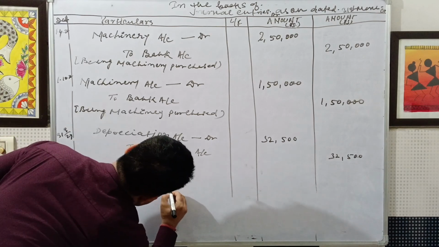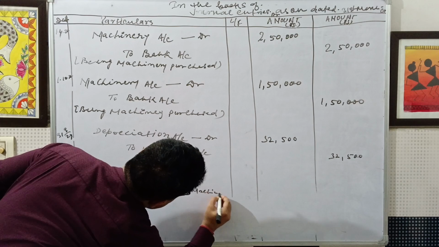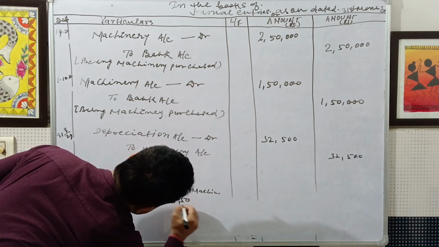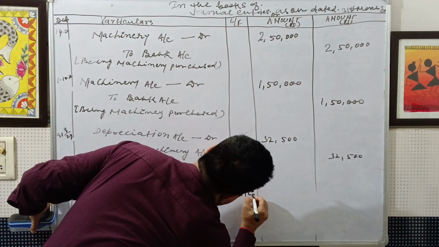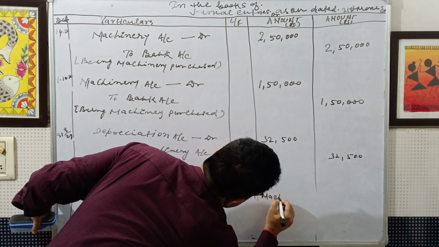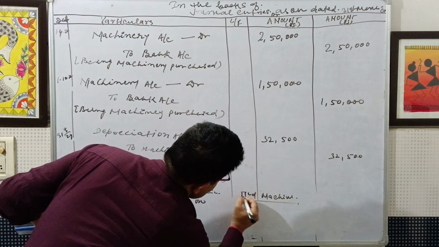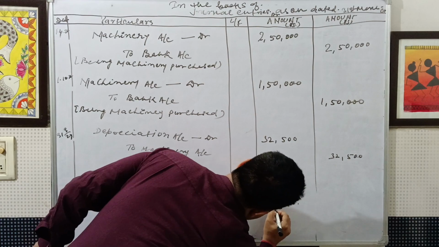First, you have to understand the working notes. The first machine value is 2,50,000. The second machine value is 1,50,000.